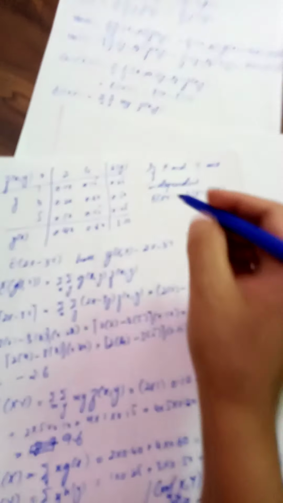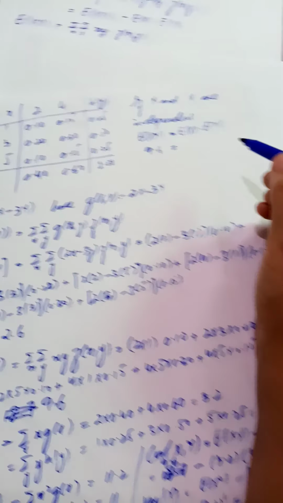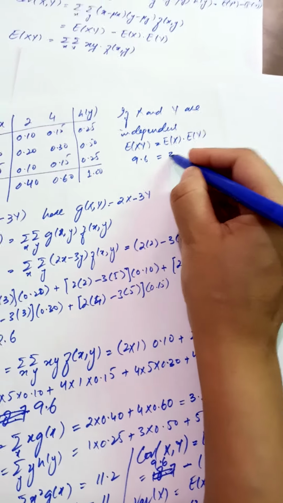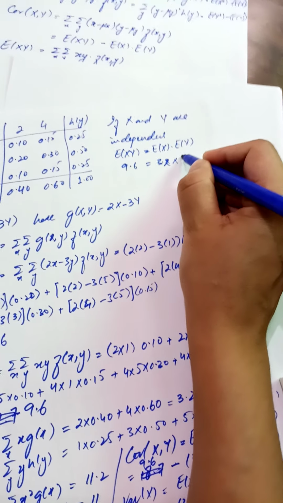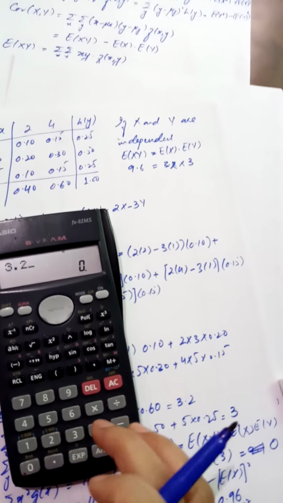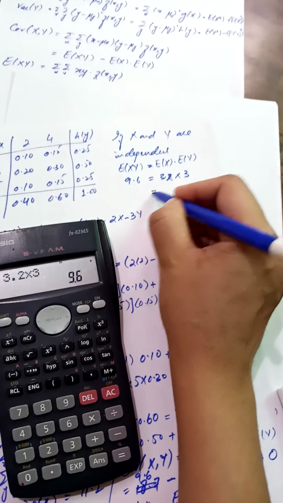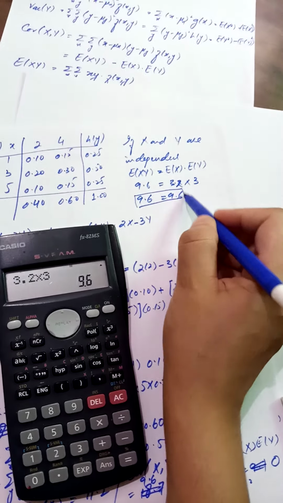So we can check it here. We have expected value of xy is 9.6, expected value of x is 3.2, and expected value of y is 3. So if we multiply 3.2 and 3, we get 9.6. So this is another way to check statistical independence.